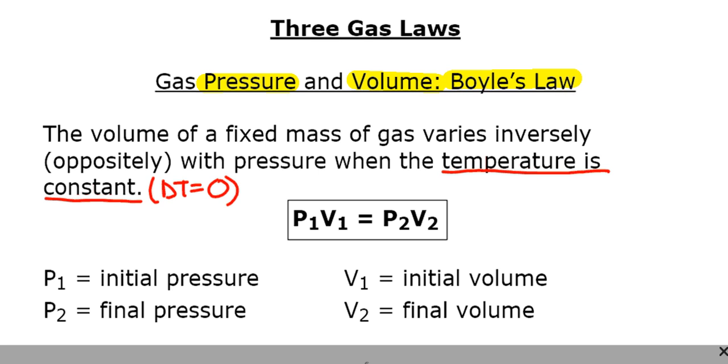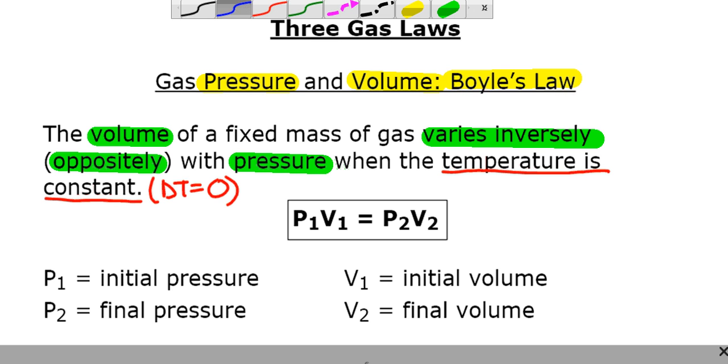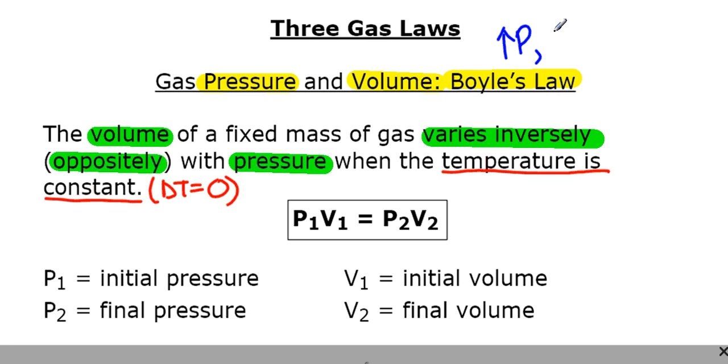So what do we need to think about? Volume is going to vary inversely, which means oppositely, with pressure. So this law is basically saying that if you increase the pressure, the volume will decrease.